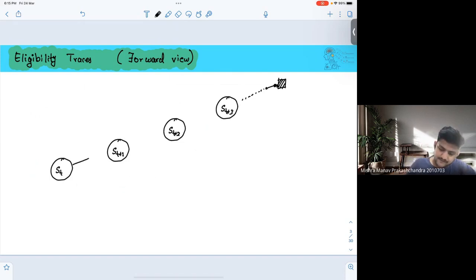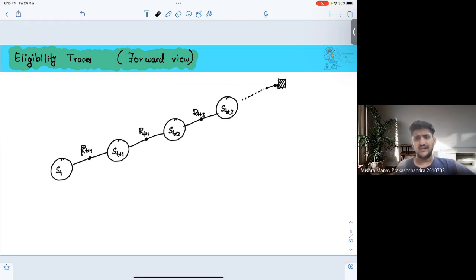So this is how the state transition looks. This black box corresponds to the action. For each action you take, you get a corresponding reward R_{t+1}, R_{t+2}, R_{t+3}, and so on. Imagine an agent is standing on state S_{t+1}.